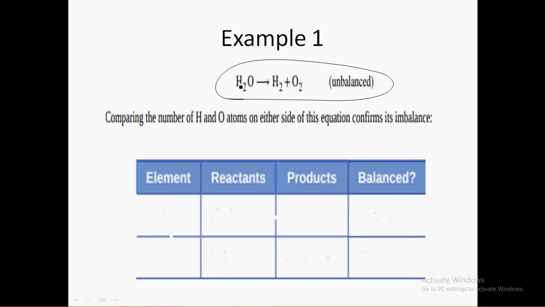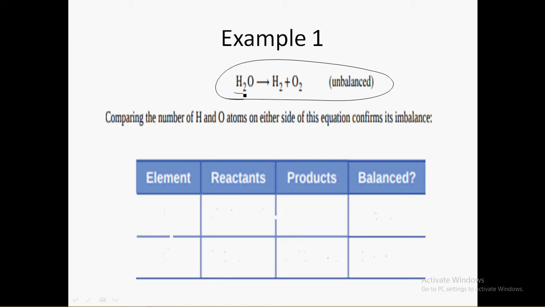This is the decomposition reaction we have studied before. Combination reaction, decomposition reaction, so many chemical reactions we took before. So water decomposes into hydrogen and oxygen.